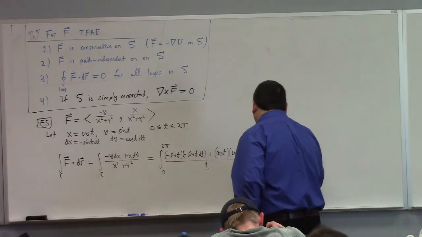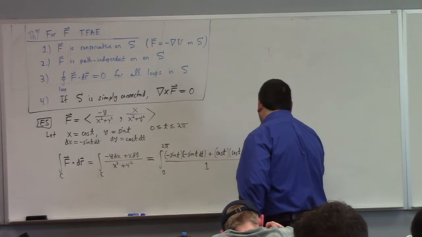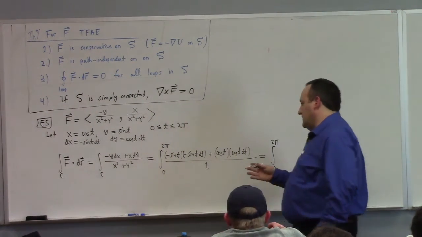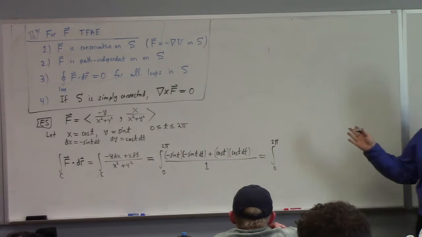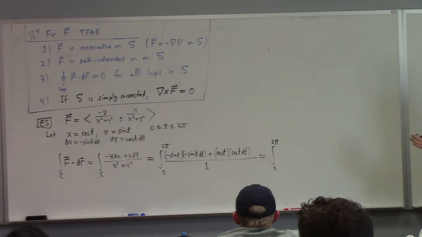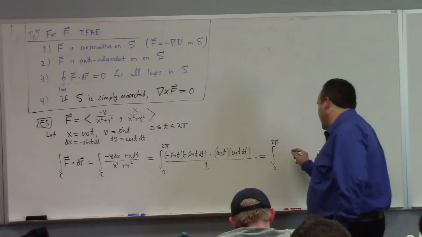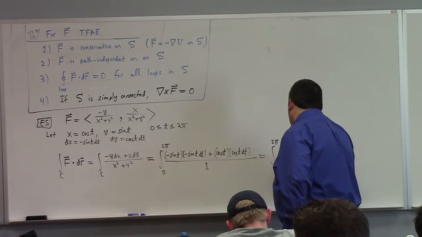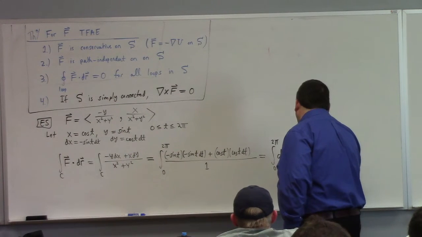Well, this is a very boring integral, it turns out. It looks kind of scary to start with, but after the dust settles, you've got sine squared plus cosine squared dt. So this is dt, and this is apparently 2 pi.